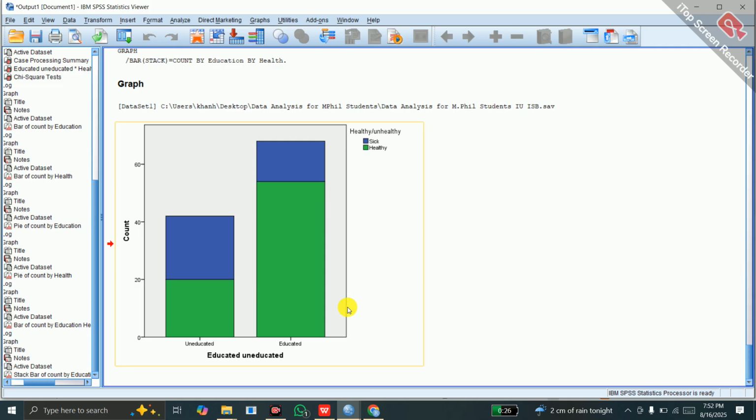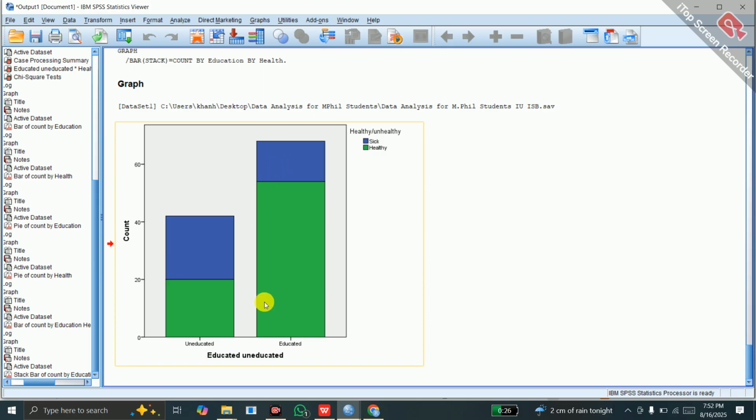This represents uneducated, in which 22 are sick, this blue, and out of uneducated, this shows healthy. So 20 are healthy and 22 are unhealthy, and out of educated, 54 are healthy and 14 are sick. So this is the stack bar of this data set.